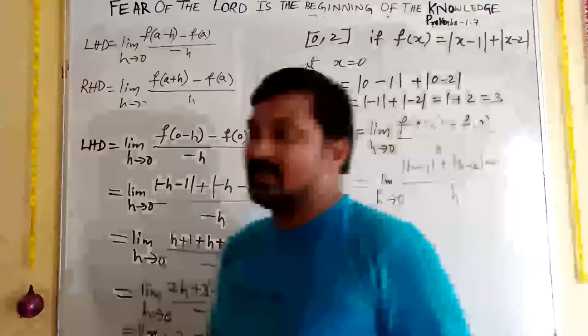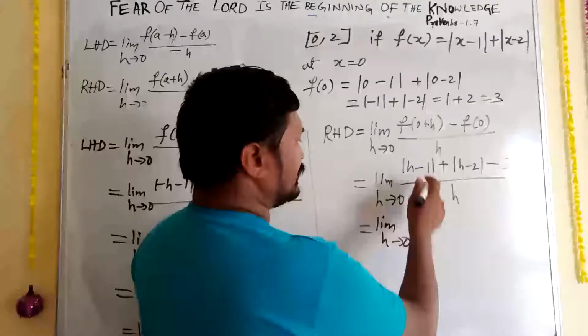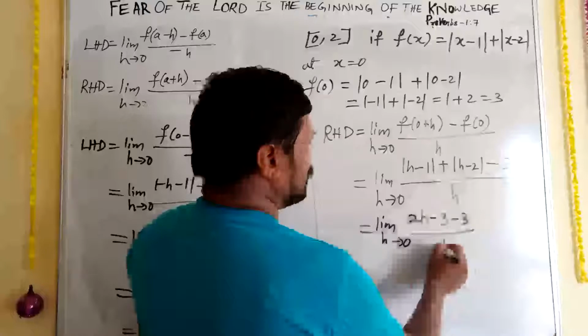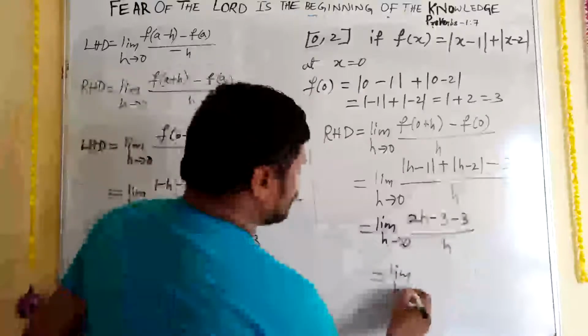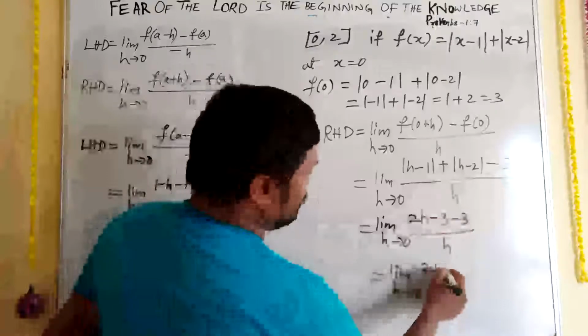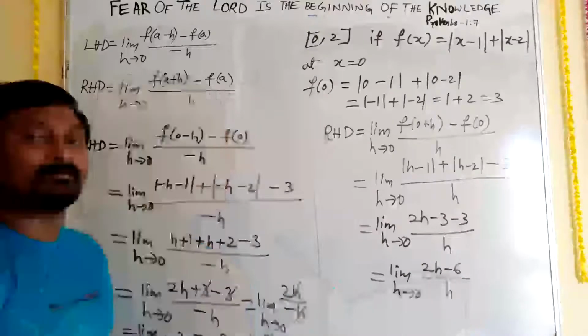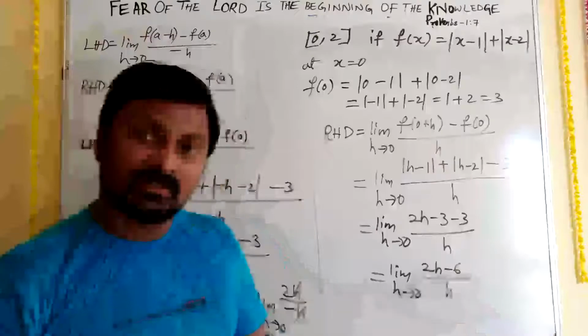Then just simplify it, what do you get? Limit h tends to 0, h plus h is 2h minus 1, and here again minus 3 upon h. So now we get limit h tends to 0, and here it is 2h minus 6 upon h.